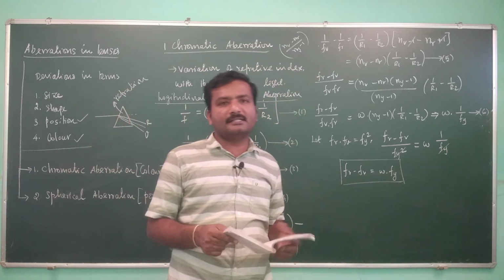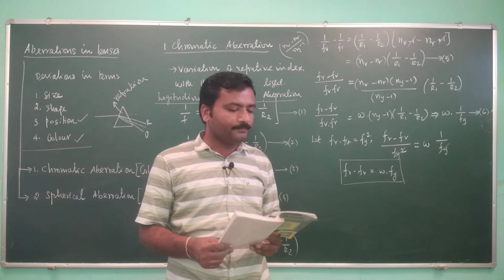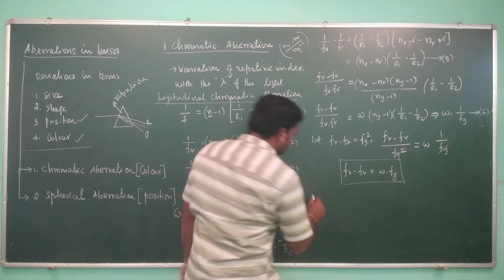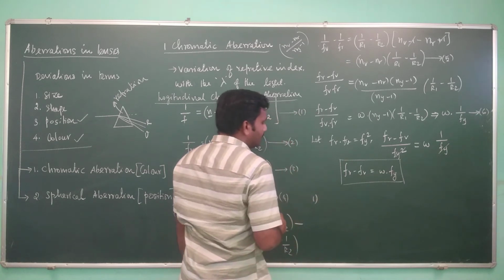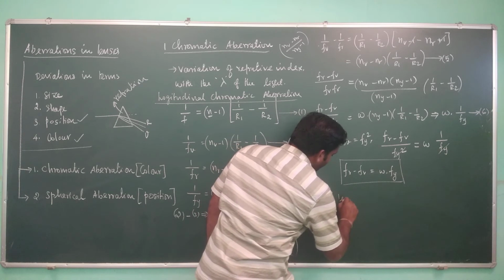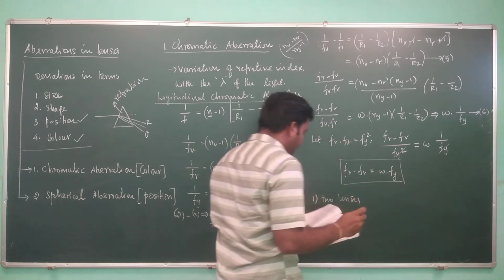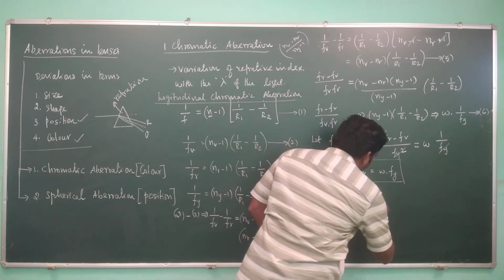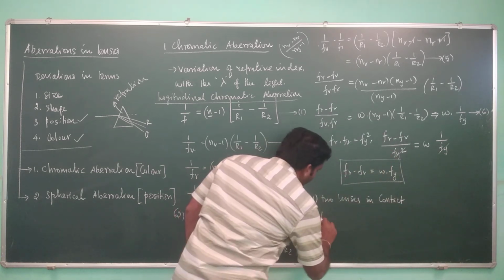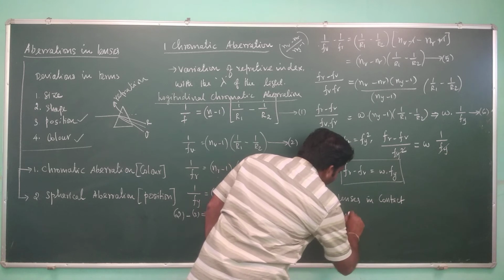We will set them in such a way that we are able to remove this chromatic aberration. There are two cases. To remove the chromatic aberration, we can put two lenses in contact, or two lenses with finite separation.